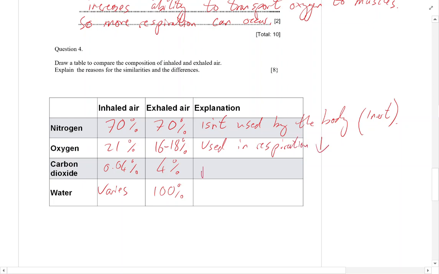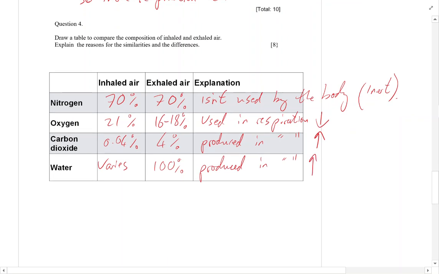Carbon dioxide is produced in respiration, so it increases. Water is produced in respiration, so it increases. It's also because the lining of the lungs is moist, so some water vapor will just diffuse naturally into the air.